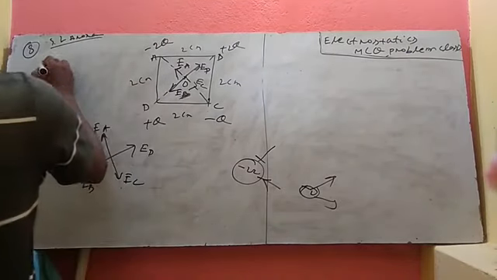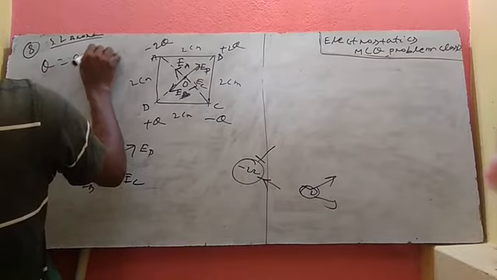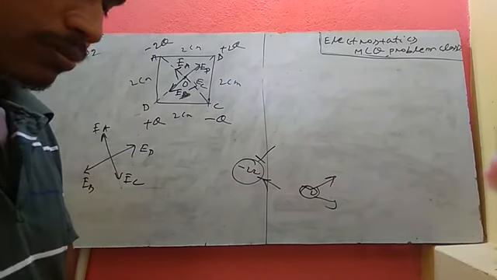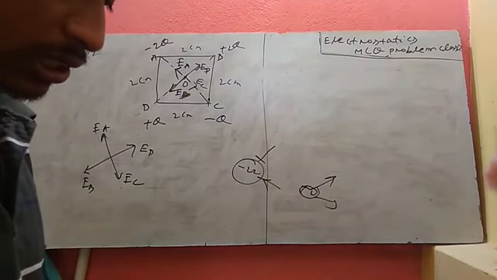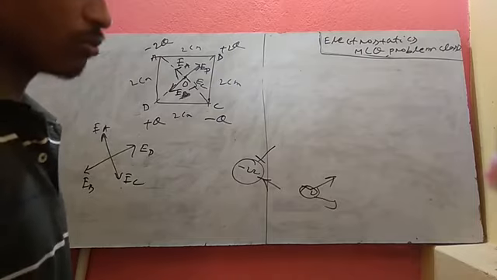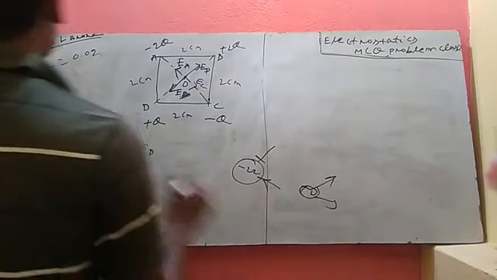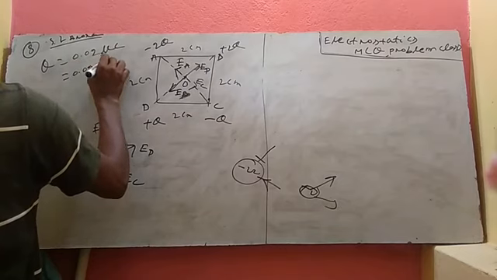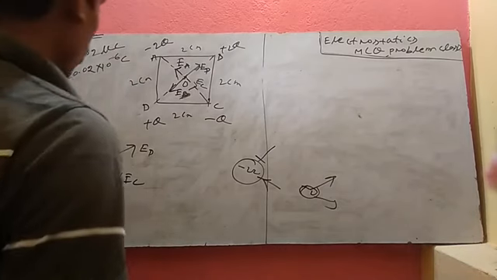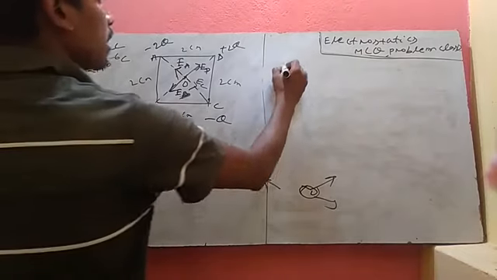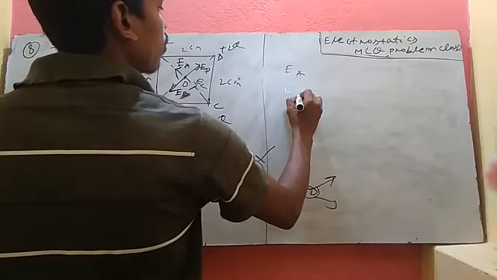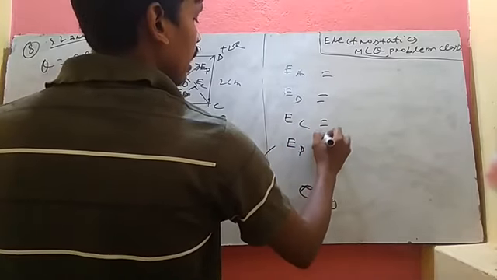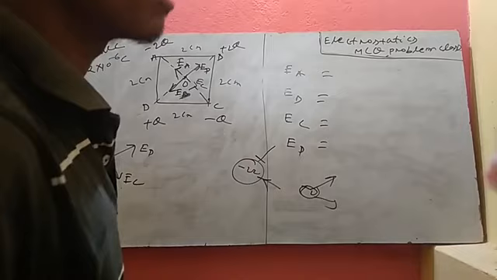Here Q is 0.02 microcoulomb, that is 0.02 times 10 to the minus 6. So first of all you can find out EA, EB, EC, ED, and then you can find the net resultant field.